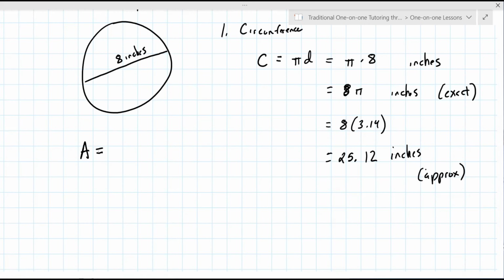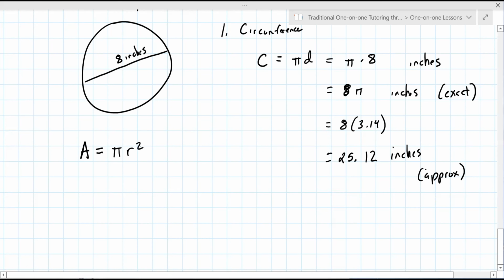The formula for that's A equals pi r squared.